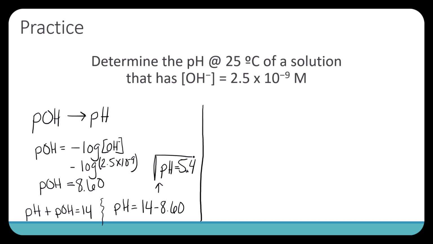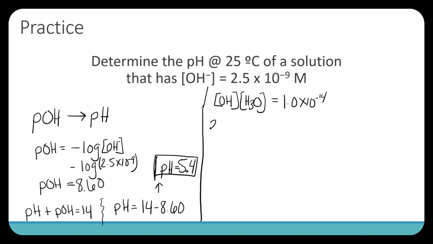So I suspect this is probably the path most of you took, but I do want to at least introduce this idea that there is another way to solve this. If we wanted to, we could use the relationship that the hydroxide concentration times the hydronium concentration equals 1.0 times 10 to the negative 14th.